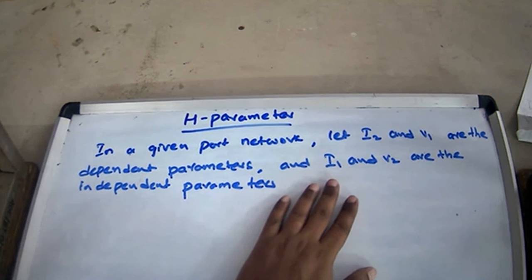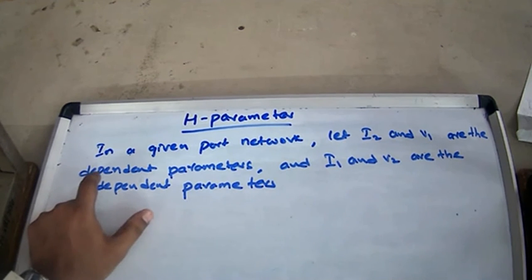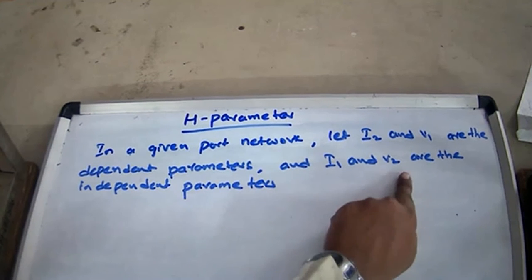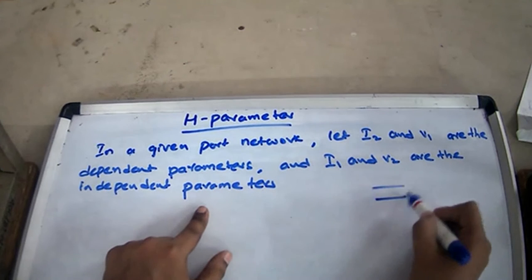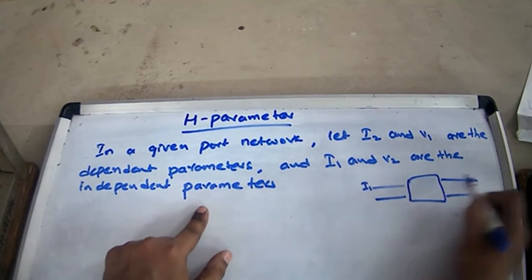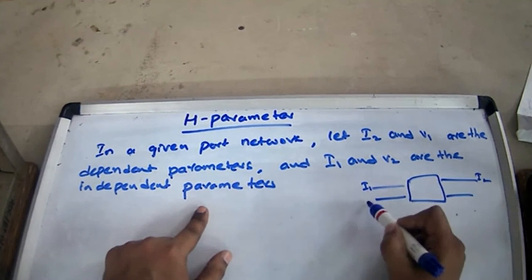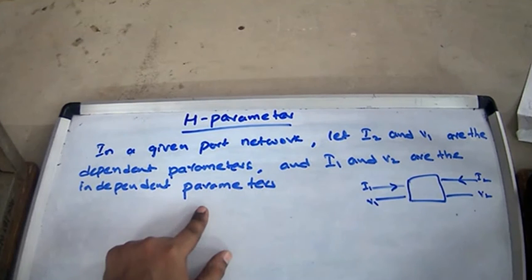Now in the third case of H parameter, we are saying that I2 and V1 are the dependent parameters, whereas I1 and V2 are the independent parameters. So we already know that two port means we will be having two input, two output. So this one I1, I2, V1, V2 sign conventions.